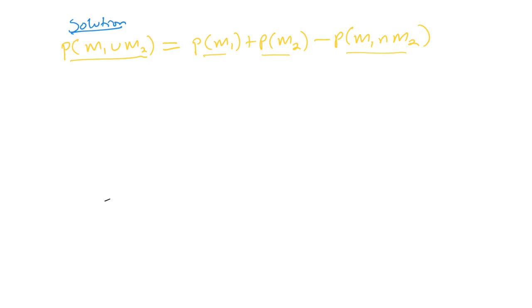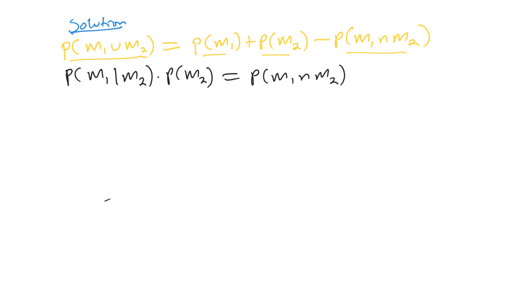We know that the probability of M1 given M2 times the probability of M2 is the same thing as the probability of M1 intersection M2.